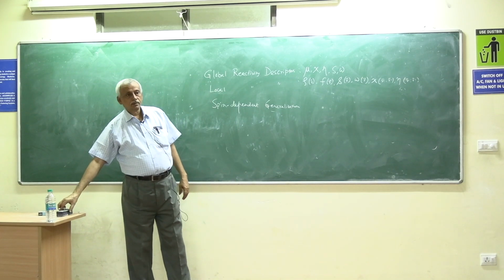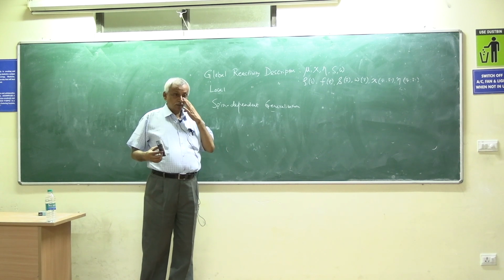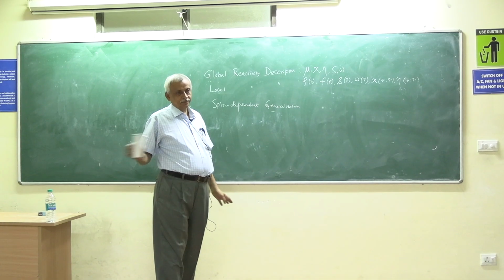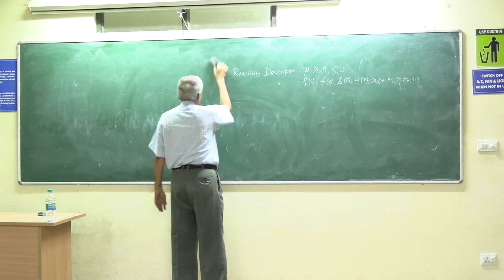If you want to see the dependence on spin, so far we neglected that particular variable. So how will you go for it?